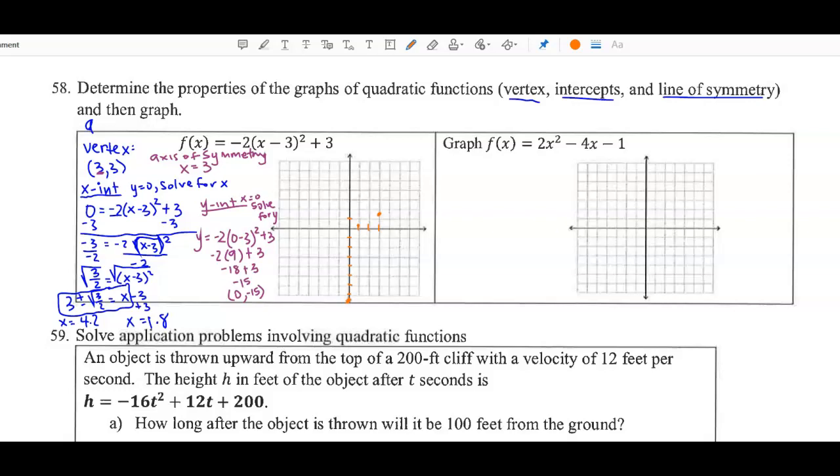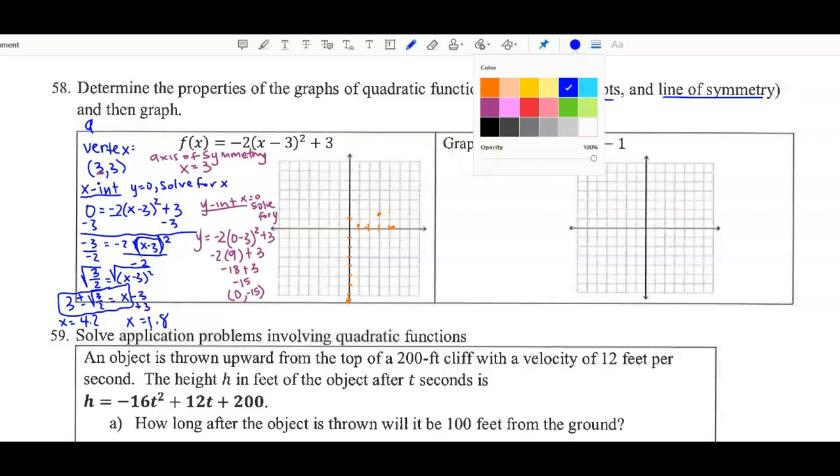Right, and then my x-intercepts, at 4.2, so that'll be a little bit past 4, and then 1.8, so it'll be here. I'll use a different color to kind of put it all together.